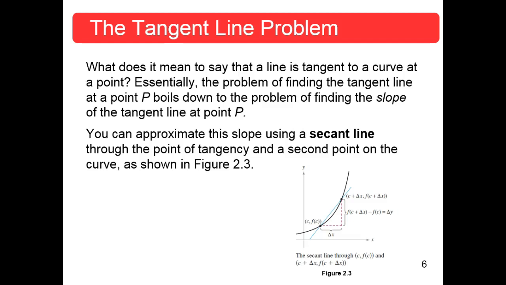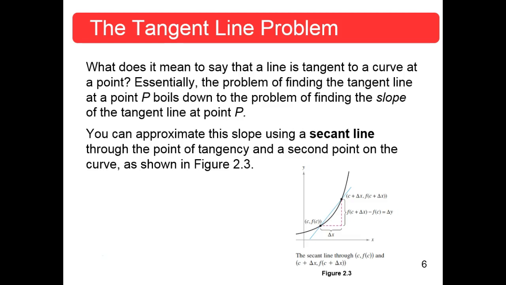If the delta x is approaching 0, your delta y is also approaching 0. So what kind of form do we have? Indeterminate form. So then there may be a limit there. And if there is a limit, that's going to be the slope of the tangent line. That's our approach on this.